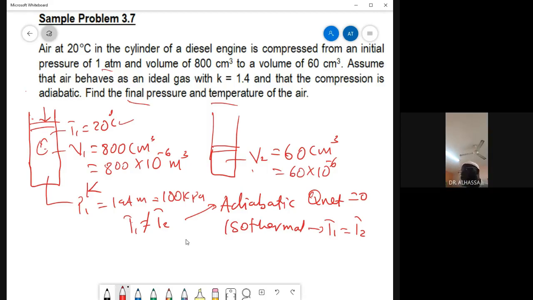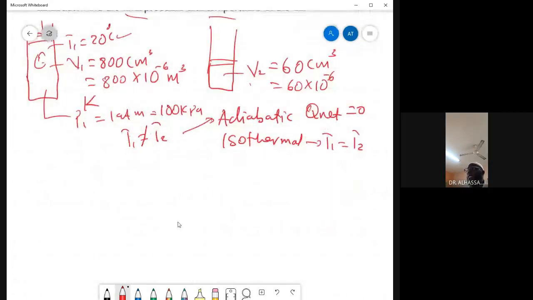So what we need to do over here, I've told you last time that all adiabatic processes are the same as isentropic processes. You understand? And all adiabatic processes obey the law PV raised to the power K equals a constant.